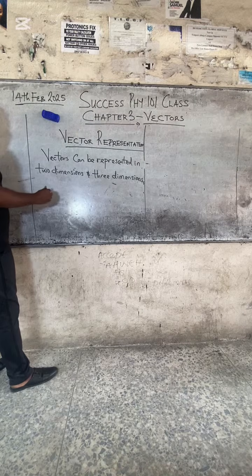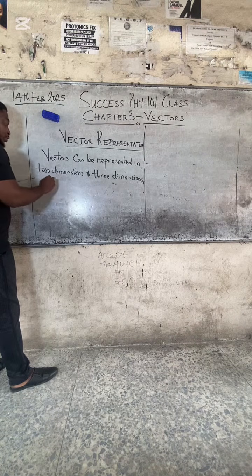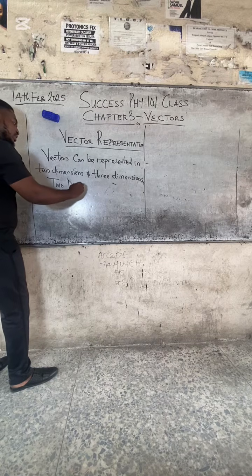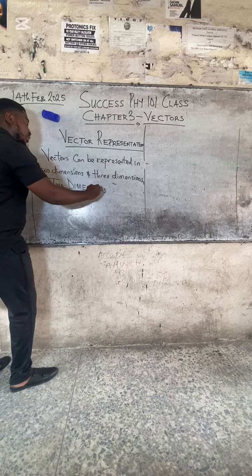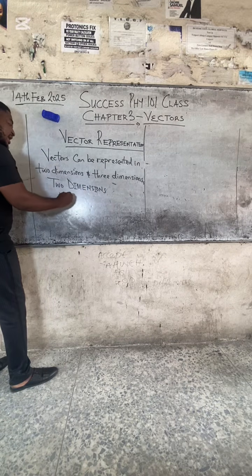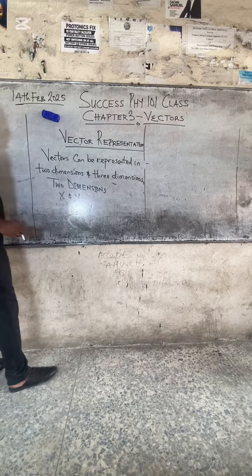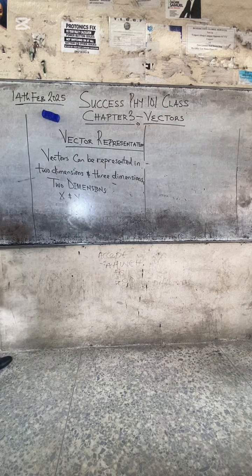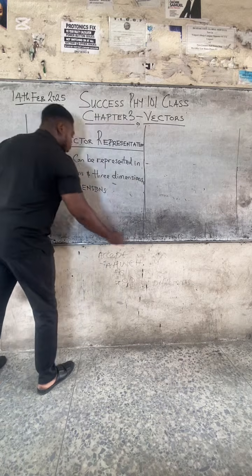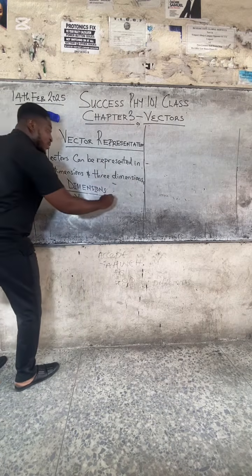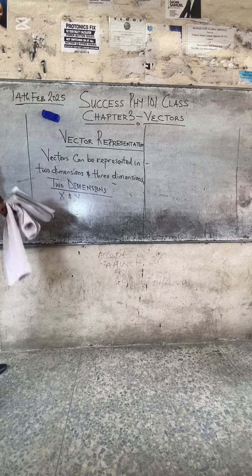Class, when vectors are represented in 2 dimensions, that means we are talking about only the x and y components. 2 dimensions considers just the x and y component of the vector.